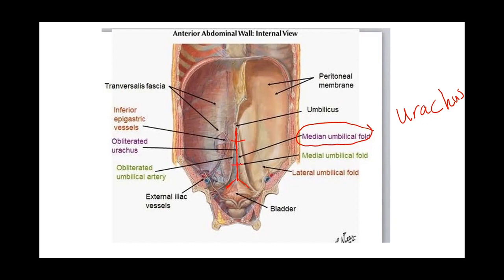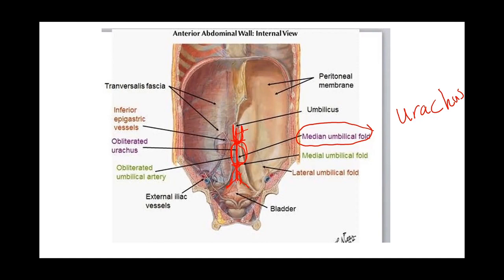If the proximal portion up to the mid portion obliterates, it will form a bladder diverticulum. If the proximal and the distal portion obliterate, it will form a urachal cyst. If the distal portion obliterates, it will form a sinus onto the umbilicus.